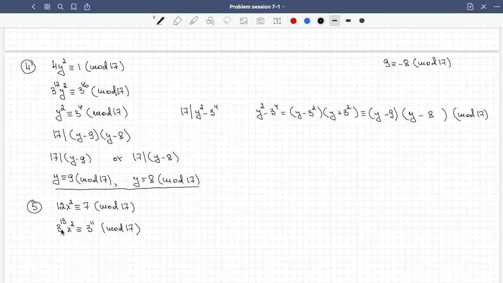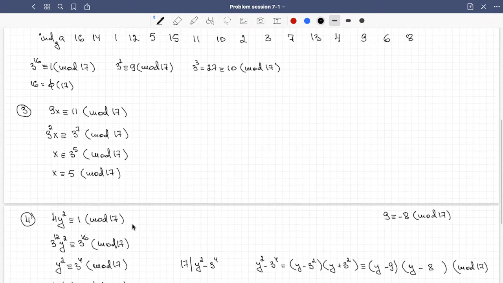Now I want to say that x squared is 3 to the negative 2, but I don't want to calculate negative powers. That is why I said that index is not really defined. It is defined modulo phi of m.